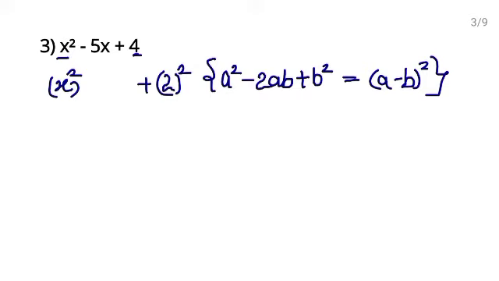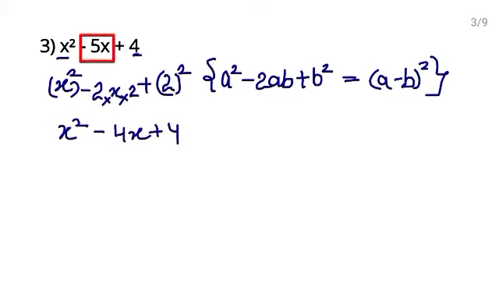Now in between there should be 2 into a, meaning x, into b, meaning 2. So let's see what we get here: x square minus 2 2s are 4, 4x, plus 4. But in the question there was 5x and according to the identity we are getting 4x. So the given polynomial is not the trinomial square.